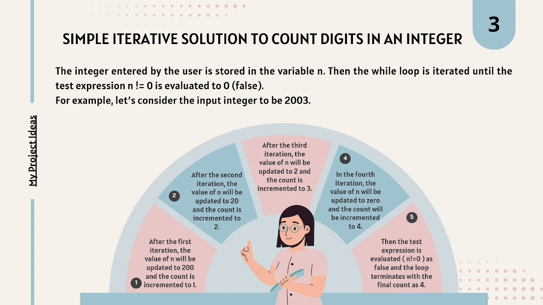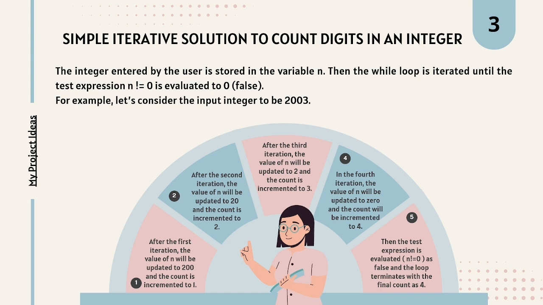Got it? So the integer that is entered by the user is stored in the variable n. Whatever number a user has inputted will be stored in the variable n. This is the simple iterative algorithm that everybody uses to count the number of digits in a particular number.